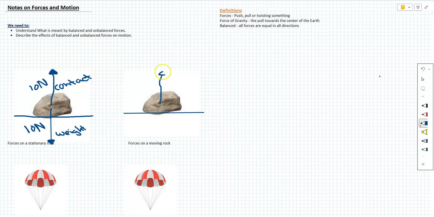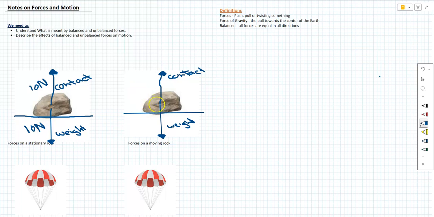And we still have the weight pulling it down to the ground. And you can see that both of these are balanced, right? Both of them the same distance.